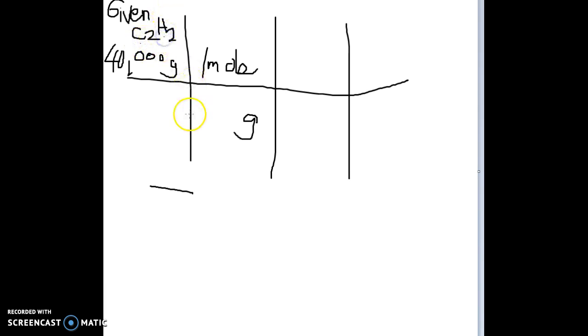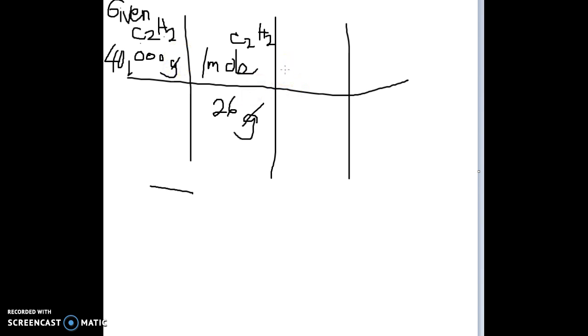Hydrogens are 1, so 1 plus 1: 24, 25, 26. 26 is the molar mass. Remember, you check the periodic table and add up all the components. This allows me to cancel my grams of acetylene, and now I have moles of acetylene.